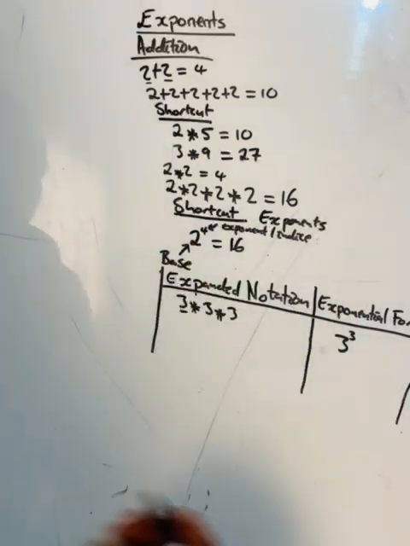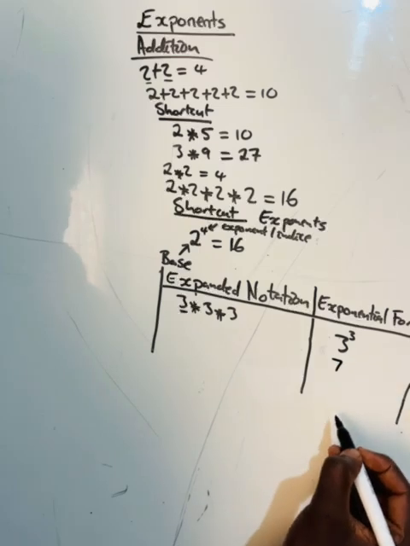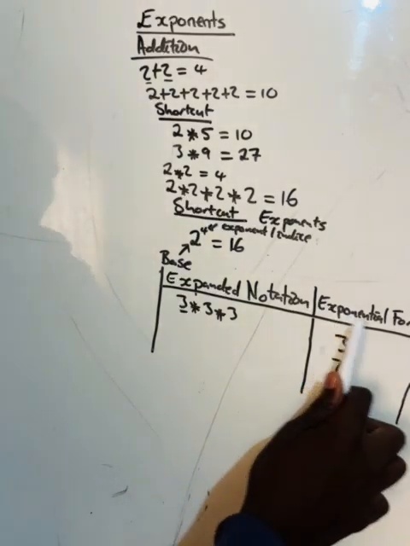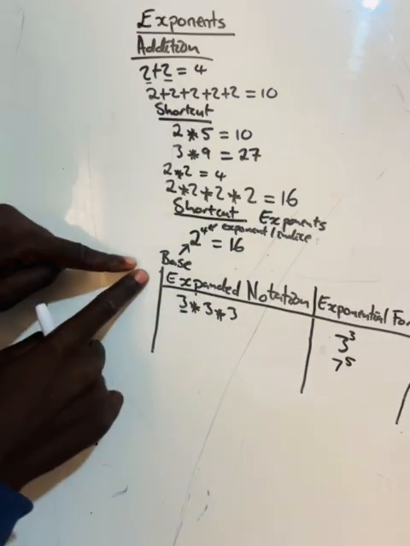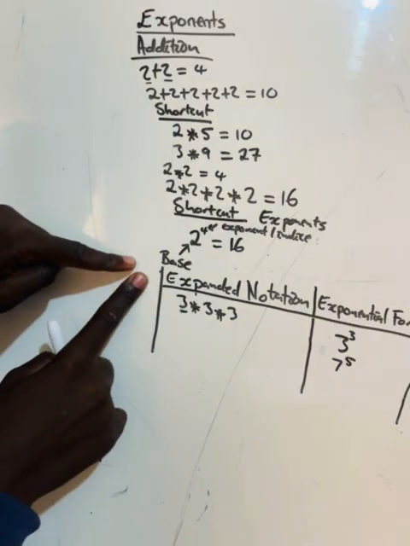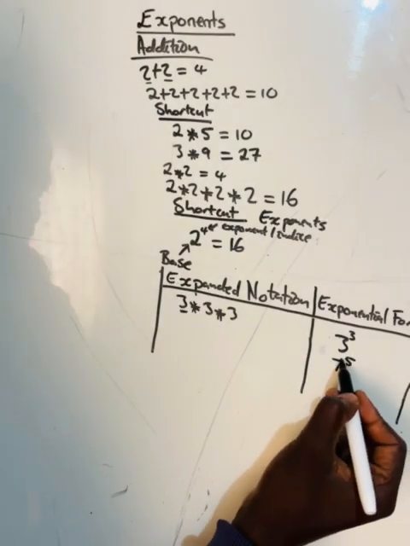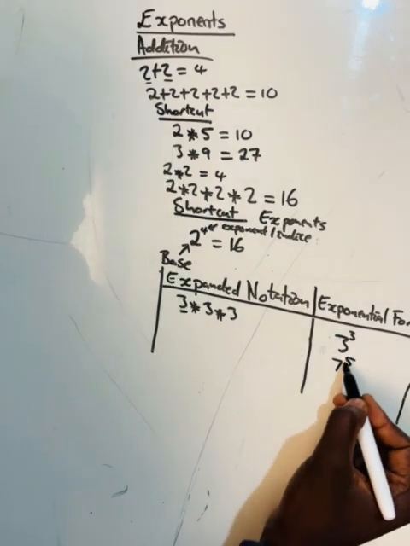Now, let's talk about if we are given 7 to the power 5. The question we've been given is in exponential form, we have a base and an exponent. Now, the question wants you to write it in expanded notation. We say that the base, the number that is multiplying itself, is 7. How many times should this 7 multiply itself? 5 times.